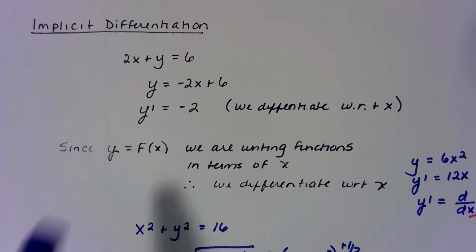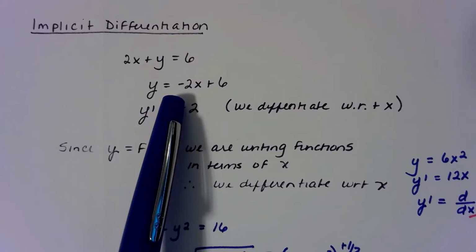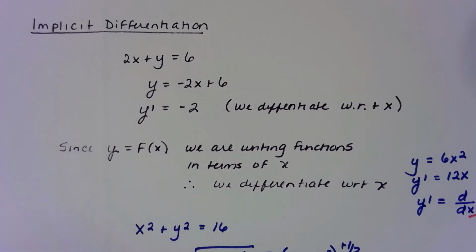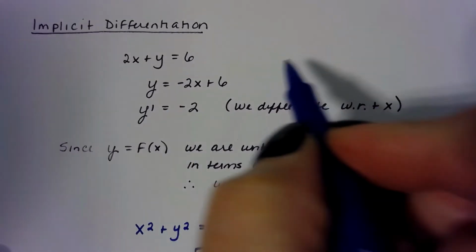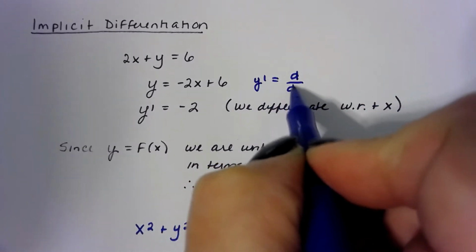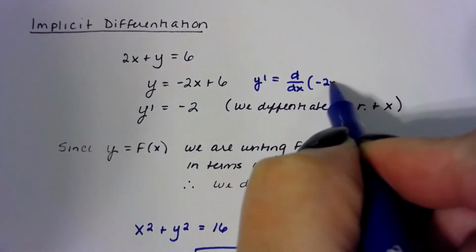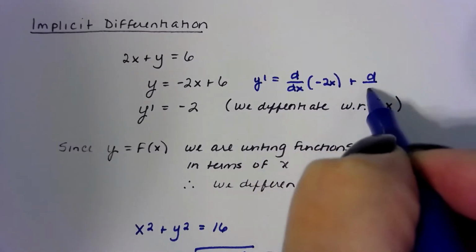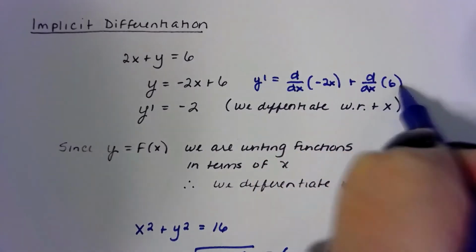So when we differentiate, for instance, this function here, we're taking the derivative with respect to x. I didn't write this down here like I did with the other one, but I can say y prime is equal to the derivative with respect to x of negative 2x plus the derivative with respect to x of 6.